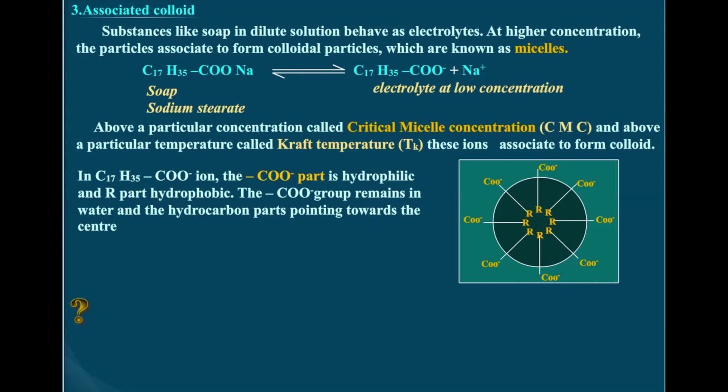An aggregate thus formed is known as an ionic micelle, and these micelles may contain as many as 100 such ions. So in the diagram you can see when the concentration is increased, the alkyl part is hydrophobic, so it comes in the center, and in water will be the COO-. So many particles will get aggregated together.